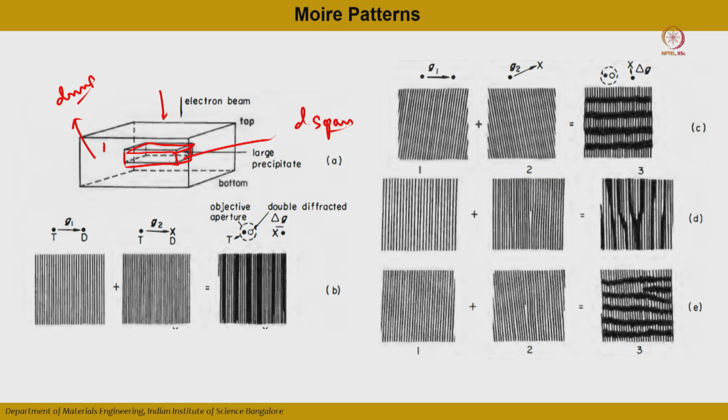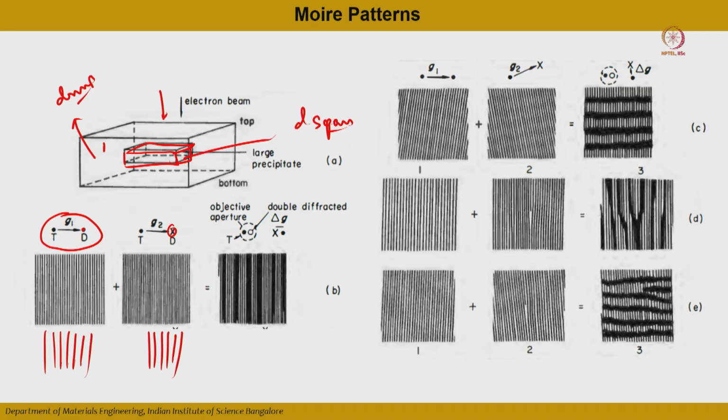And if you take an image at this particular G1 condition, so that you are making a diffraction spot only from the matrix, you will get these lines which are the planes corresponding to the matrix. If you take the precipitate spot X for the imaging, then you will see that the precipitate has a different lattice spacing, but both sets are parallel, correct.